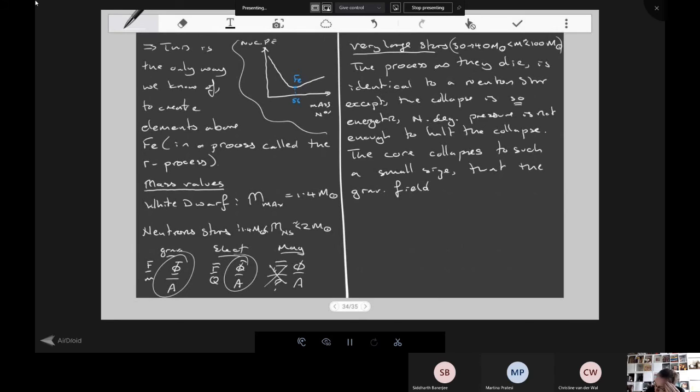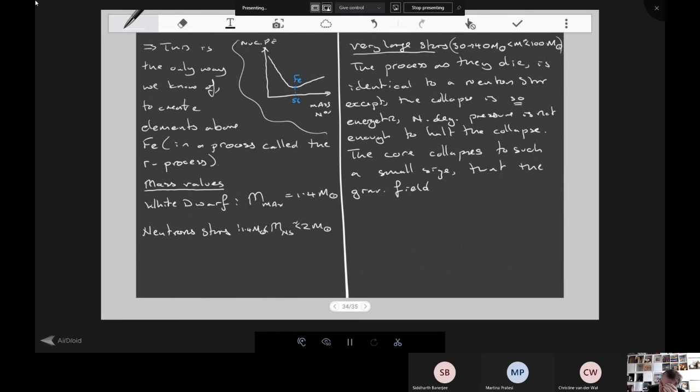Okay, anyway, the core collapses for the thing that is going to become a black hole. The core collapses to such a small size that the gravitational field, and this is why I went on about this small aside here, as you get smaller and smaller and smaller, your field lines, when they leave the surface, get closer and closer and closer together.